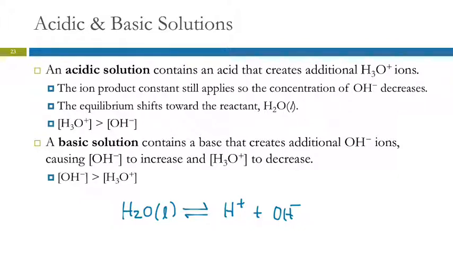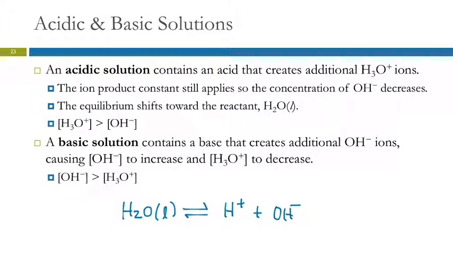The reverse reaction is going to happen. If we're adding product, the equilibrium is going to shift to the left. What's that going to do to the hydroxide ion concentration? It's going to decrease it. It's going to get rid of some of the added hydrogen ions, but it won't get rid of all of them. But there's an equilibrium constant, Kw, for this reaction, and the equilibrium will shift so that Kw is always 10 to the minus 14.